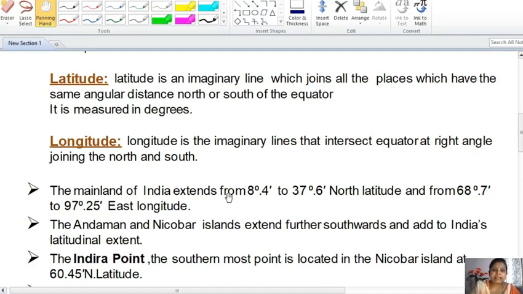India extends from 8 degree 4 minutes to 37 degree 6 minutes north latitude and from 68 degree 7 minutes to 97 degree 25 minutes east longitude.